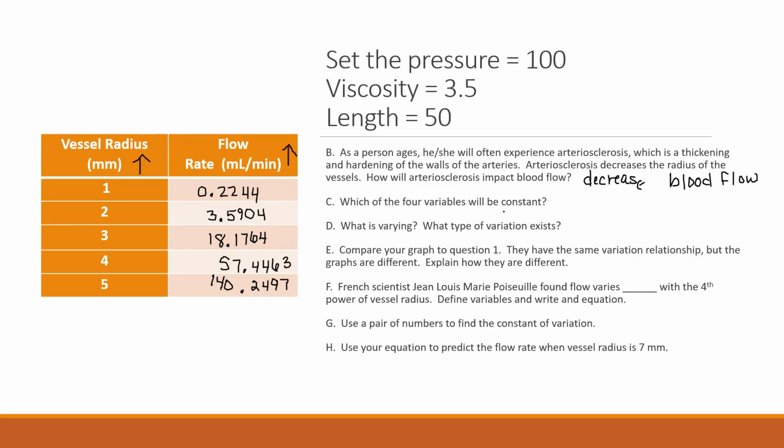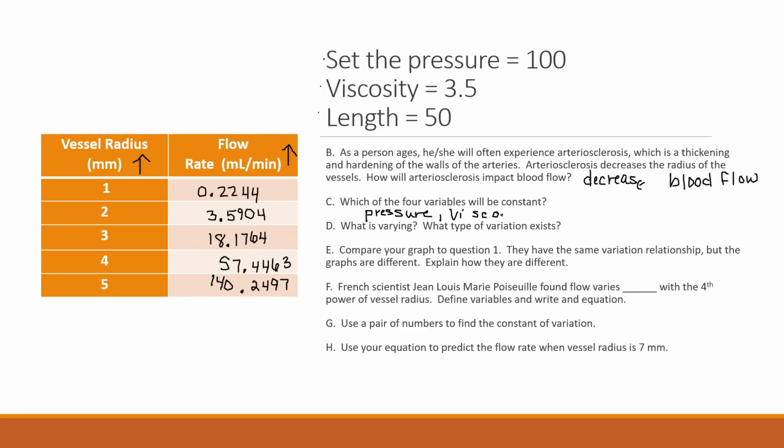So then it asked me which of the 4 will be constant. Well, the constants are those 3 at the top that I set as constants. So this time we were holding the pressure constant. That's the one that we varied last time.